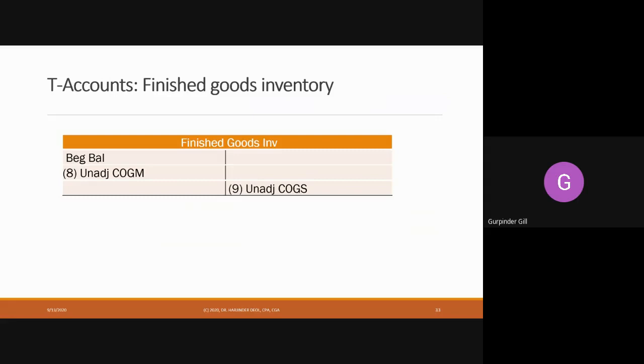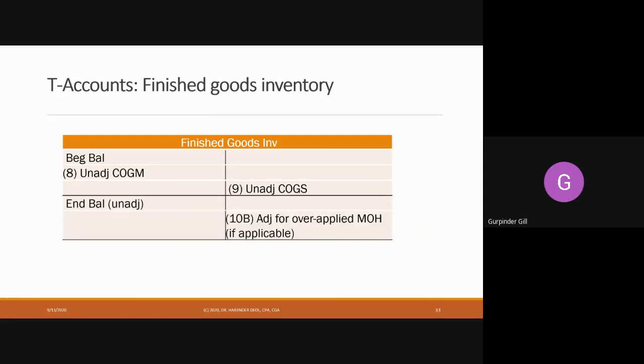So they become part of your cost of goods sold account. Then we will have the unadjusted ending balance in the finished goods inventory. And if there is any adjustment for over applied manufacturing overhead account, then we will bring that in and recalculate the adjusted ending balance for finished goods inventory account.